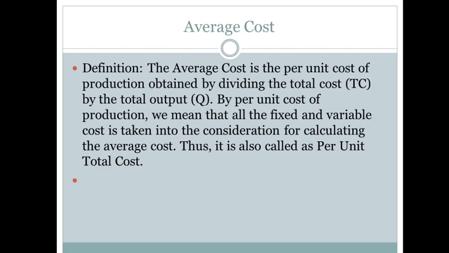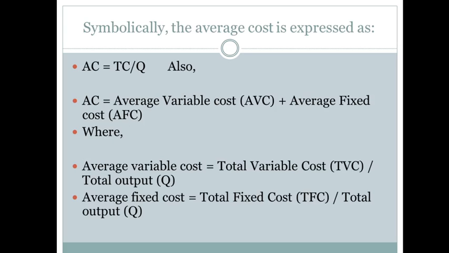Thus, it is also called per unit total cost or cost per unit. Symbolically, AC is equal to TC divided by Q, or AC is equal to average variable cost plus average fixed cost.